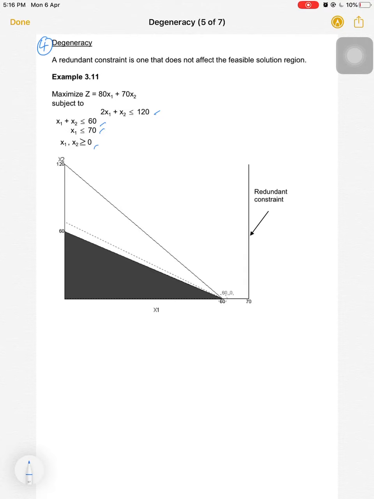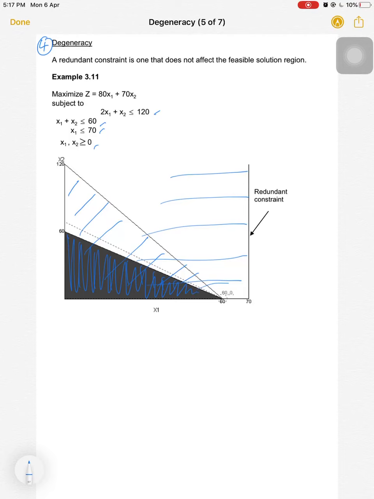Now, 2x1 plus x2 less than or equal to 120 means the region here. Then number 2 here. Number 3, x1 less than 70, should be here. So we can say the feasible region is the black color.